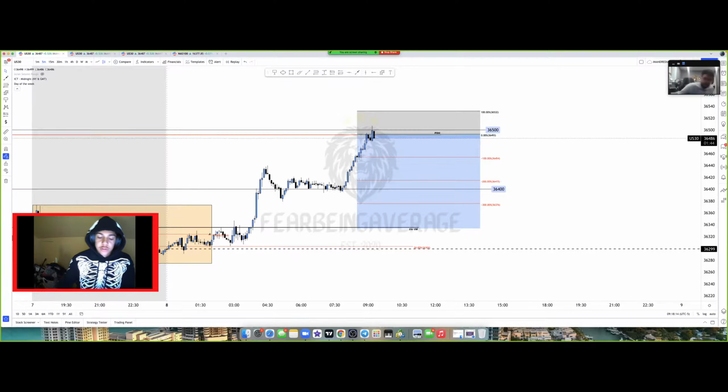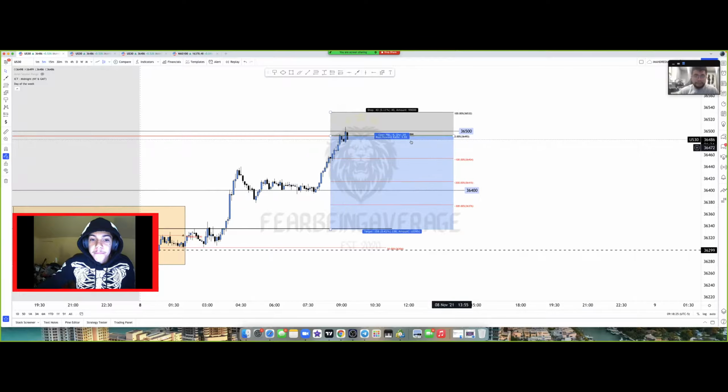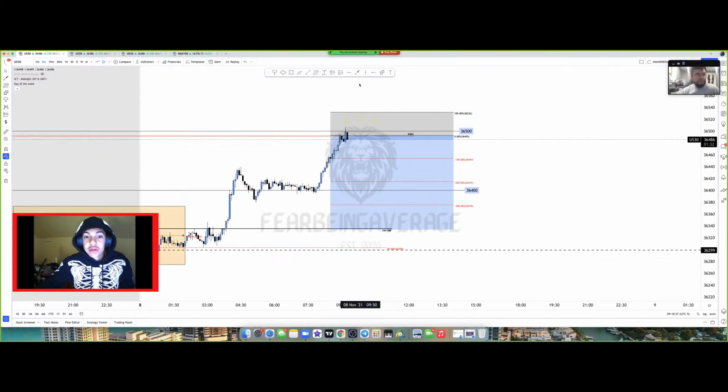Let's see. Right now, we're slowly moving lower. If we can engulf this candle after having this 36,500 rejection, that would be our best case scenario for this trade to really play out. Because this would be that false break scenario that we were talking about. Look, false break of this high into 36,500, cleared this high.